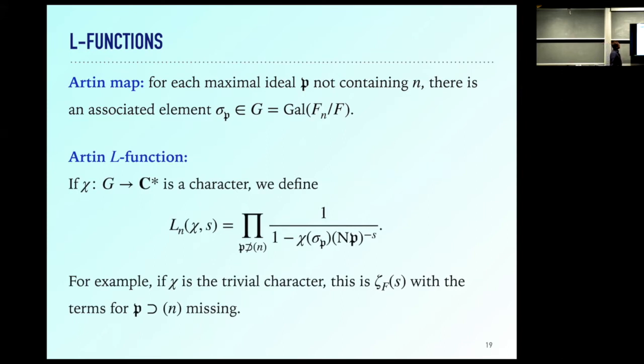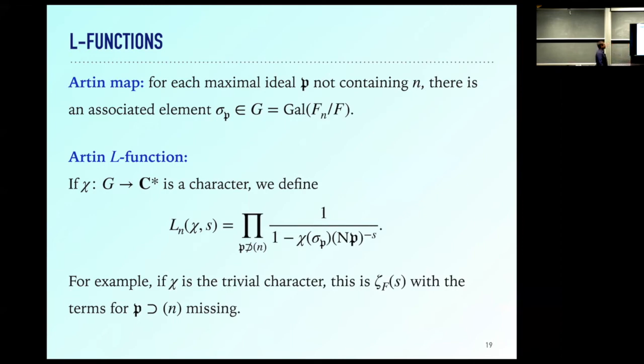Okay, and Artin's generalization of the zeta function is, for each character of the group G, you can define what's called the Artin L function, L of chi, S, which is just like the Euler product, 1 over 1 minus norm of P to the minus S, except you add a sort of a dampening factor to the norm of P to the minus S term, which is just the value of the character applied to this Frobenius.